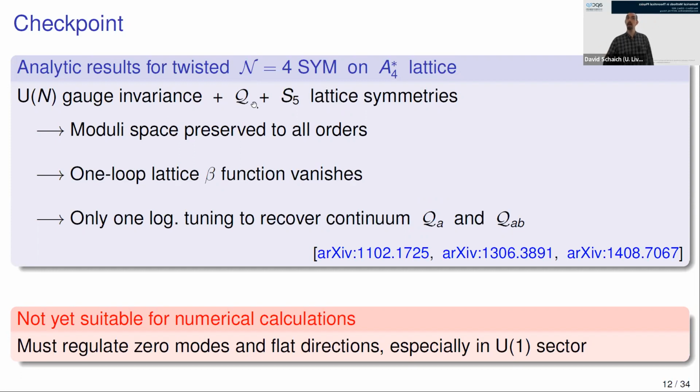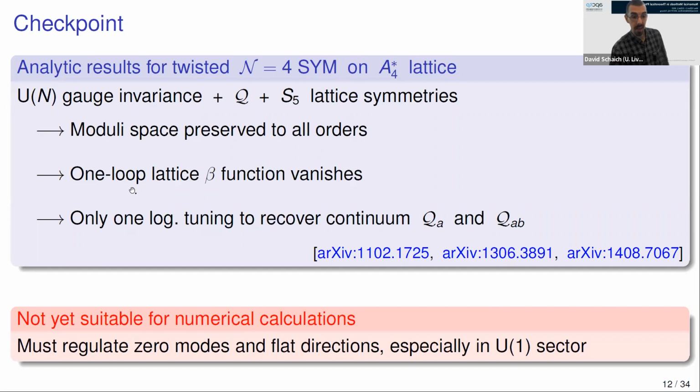Even based on this analytic formulation, you can show, the references are here and I won't go through the details, that thanks to these symmetries, the moduli space of the lattice theory is preserved to all orders in lattice perturbation theory. And the one-loop beta function in lattice perturbation theory has been shown to vanish, which is certainly consistent with the exactly vanishing beta function of the continuum theory.